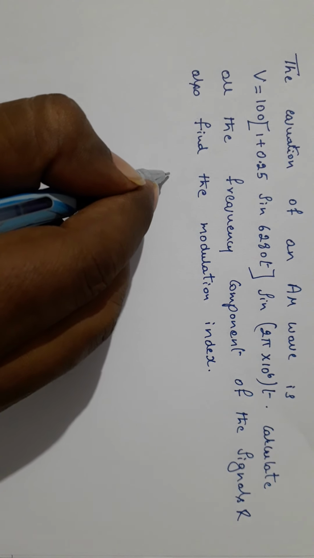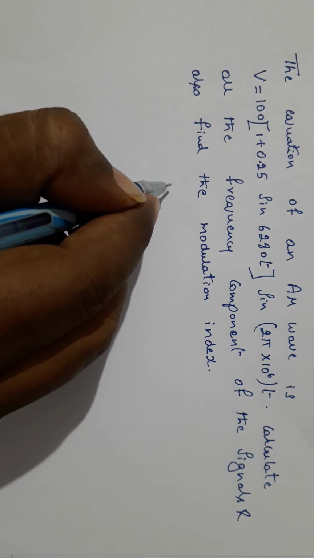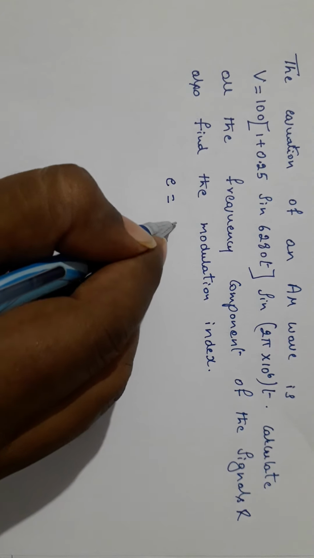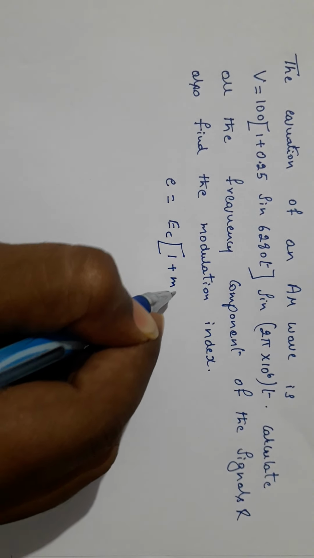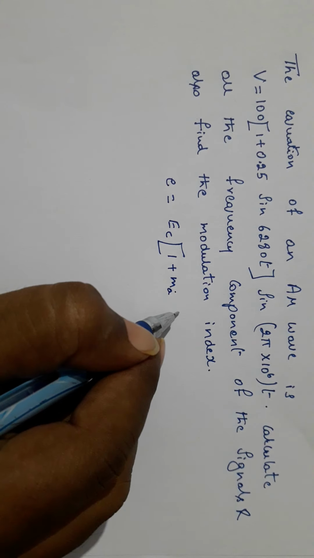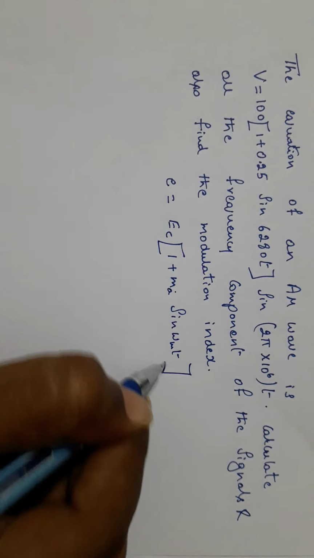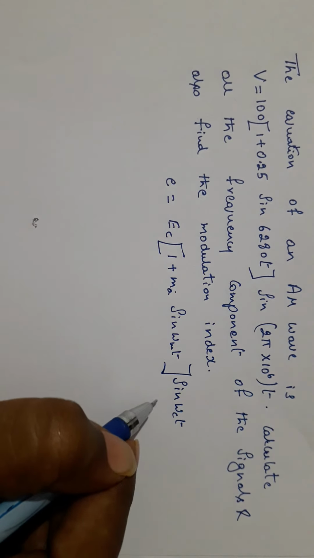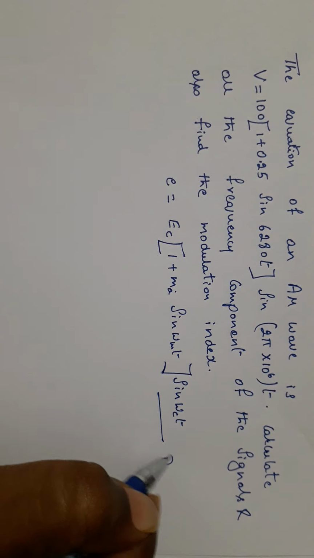We know that the instantaneous voltage of the modulated wave equation is E equals Ec into 1 plus Ma sine omega m t into sine omega c t. Say that equation 1.